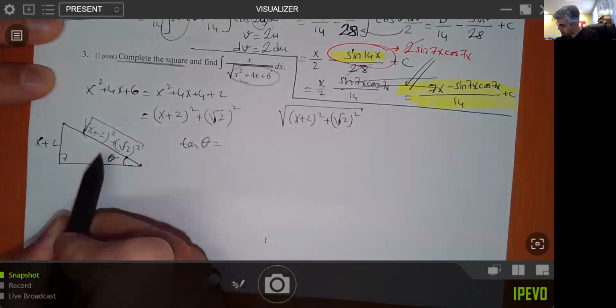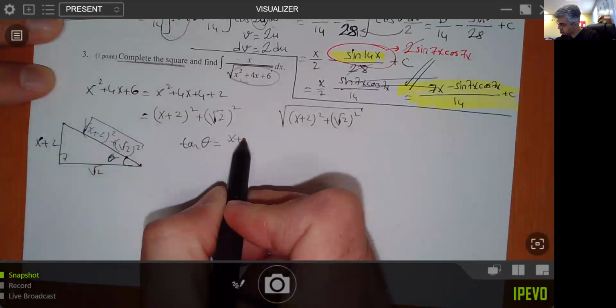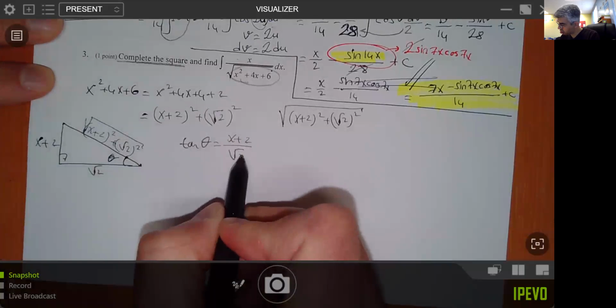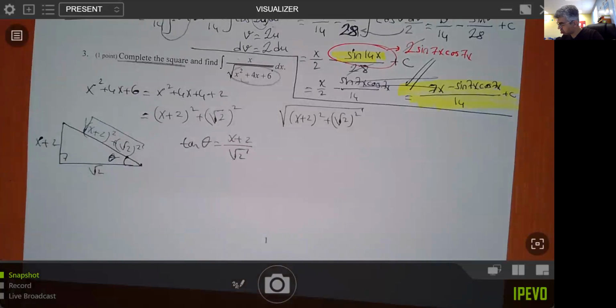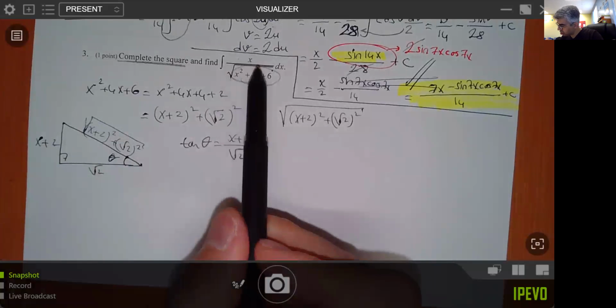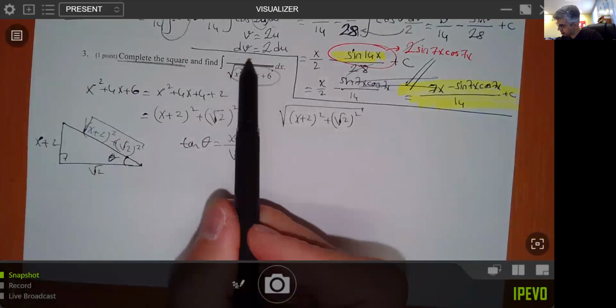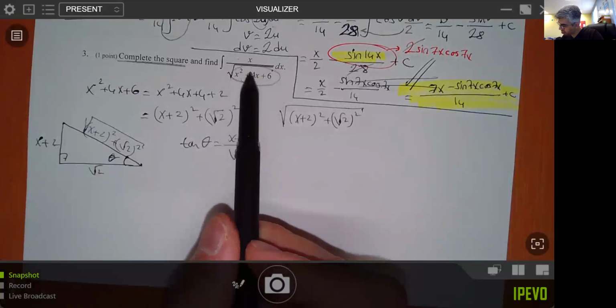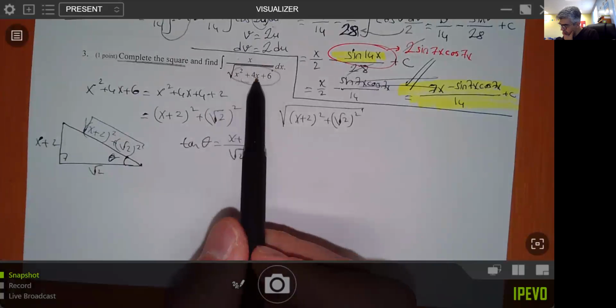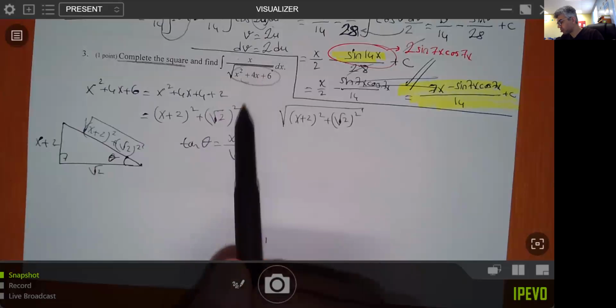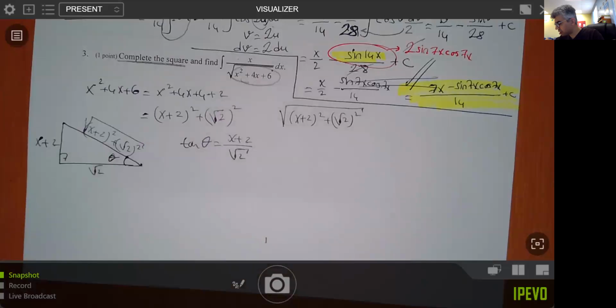Tangent is x plus 2 over root 2. All right. So here, what do we have, guys? This is the hypotenuse in a right triangle, and we can use tangent theta and the other trigonometric ratios.